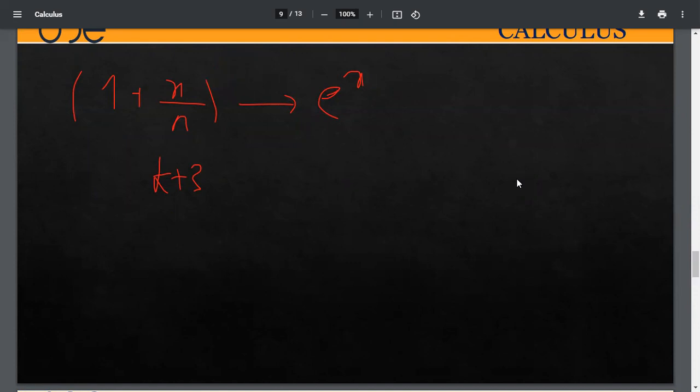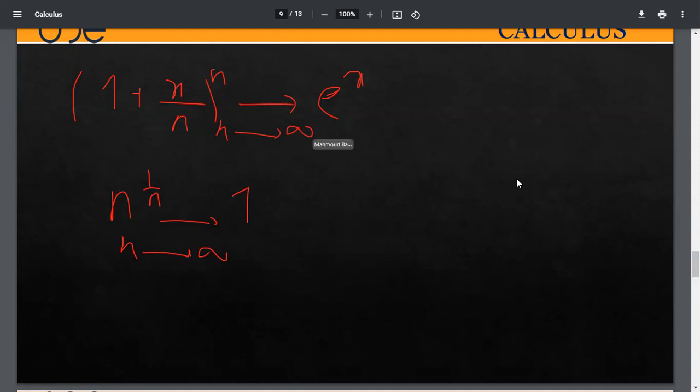I don't want to complicate things for you, so I will solve the easier part, and for those of you who like a challenge, you can try to solve it in the same pattern. So n power 1 over n. This function goes to 1 as n goes to infinity.